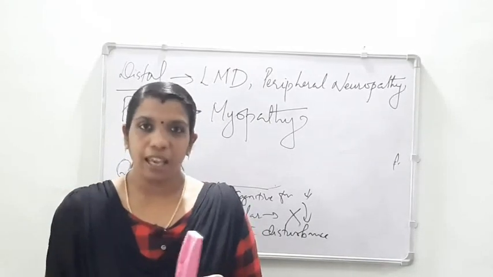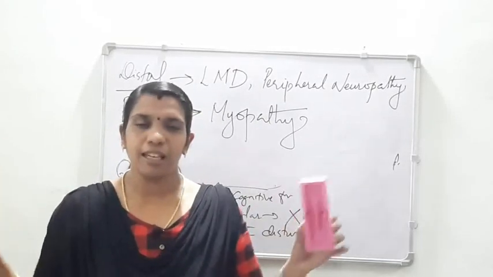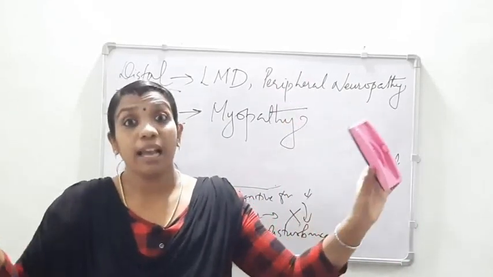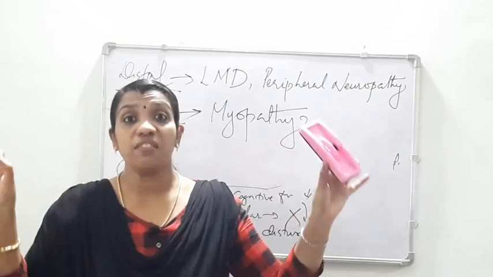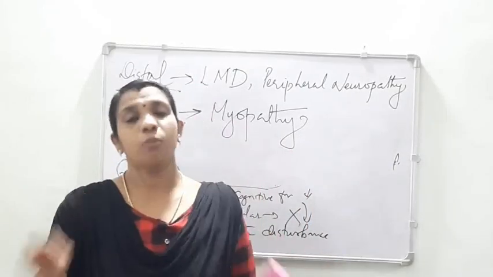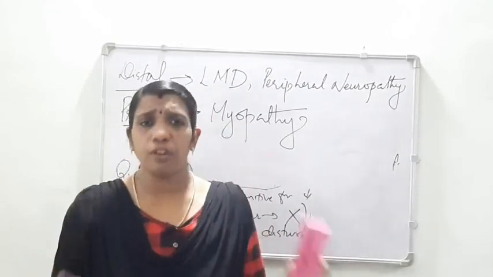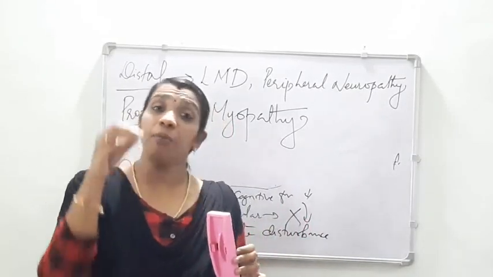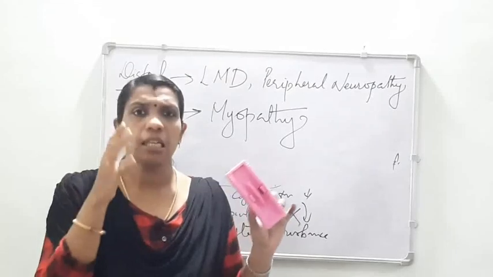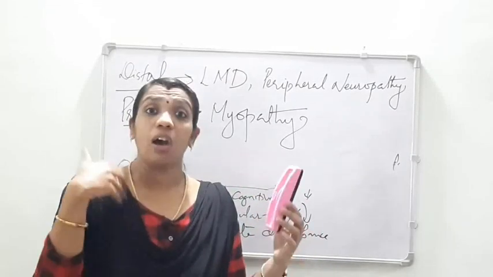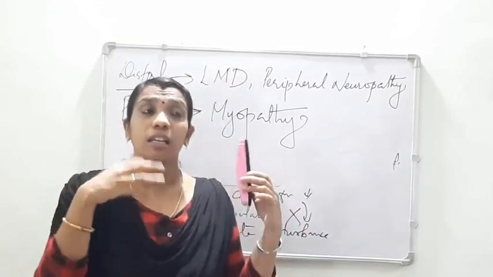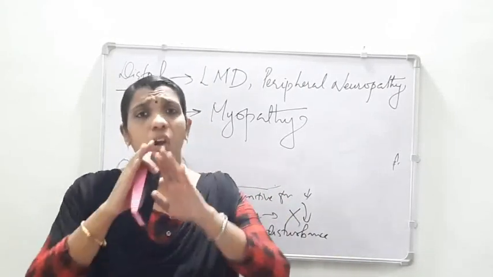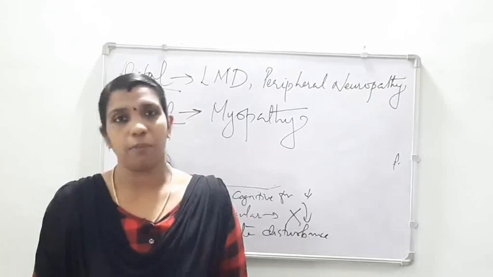History taking is very important as far as diagnosis, investigation, or homeopathy is concerned. From the history, you can diagnose whether it is plegia or paralysis, or simply weakness, monoparesis or hemiparesis. All the types of weakness you can differentiate from the history.